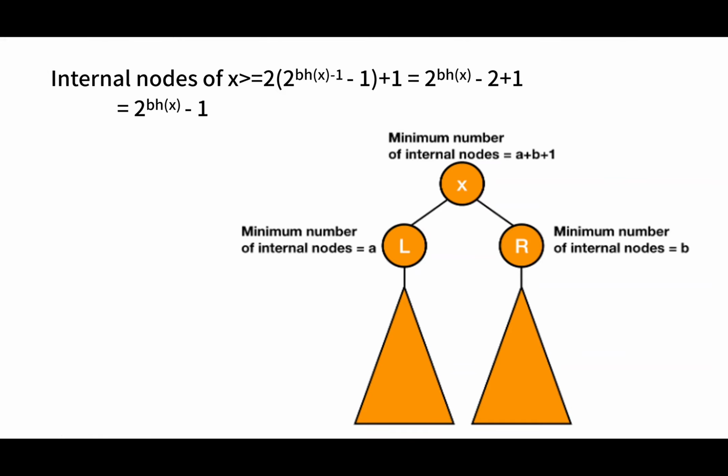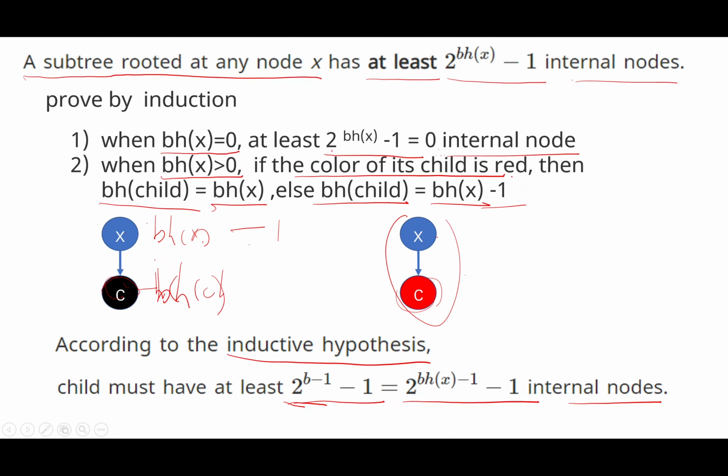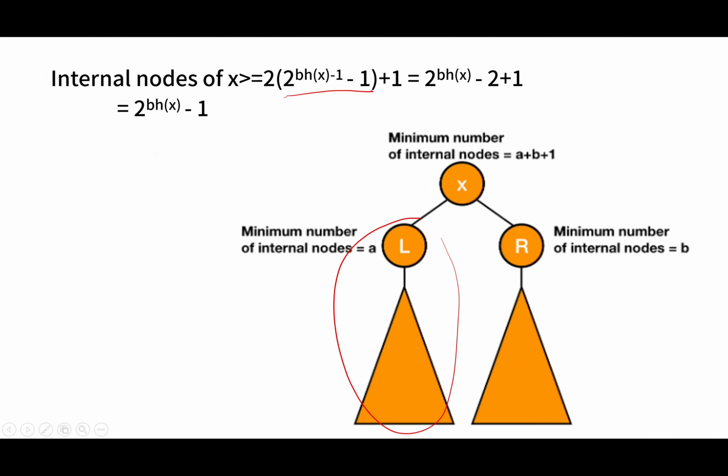For the node x, the left child has at least this number of internal nodes, and the right child also has this number of internal nodes.